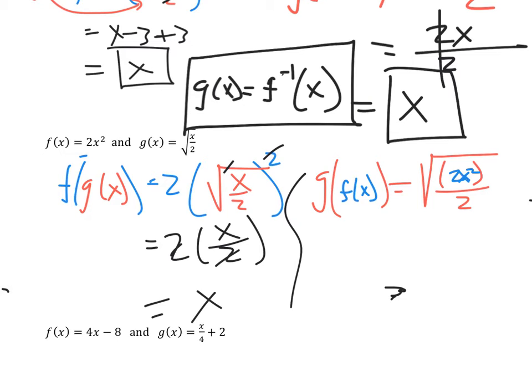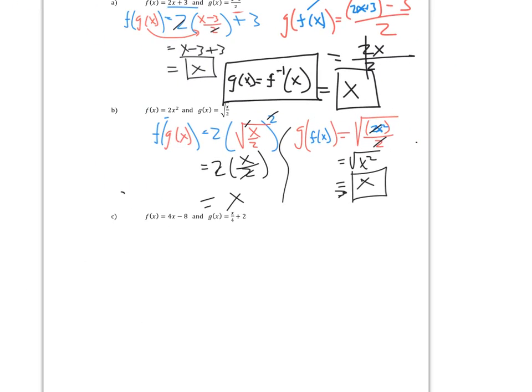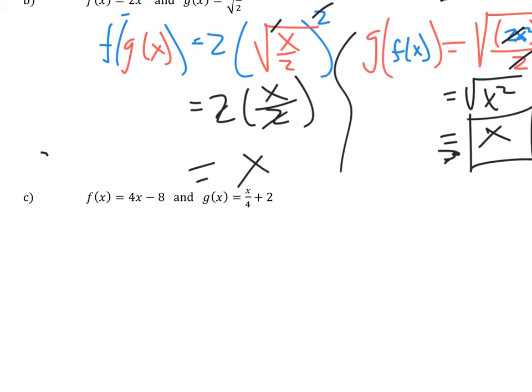All right. And so the 2's cancel. Let's clean it up. 2 gone, 2 gone. And we end up with the square root of x squared. And the square root of x squared is x. So the moral of the story here is, we can see it undoes it this way, and it undoes it the other way. So f and g are inverses or opposites of each other. They undo each other, all right?